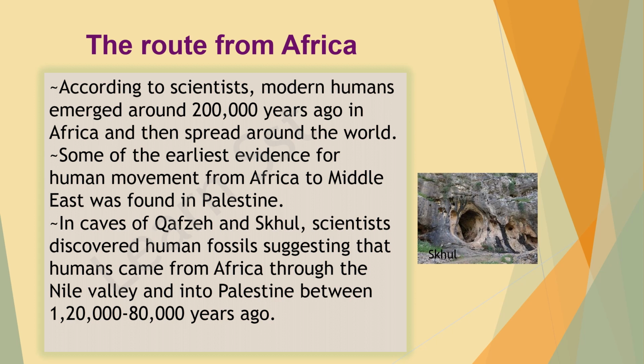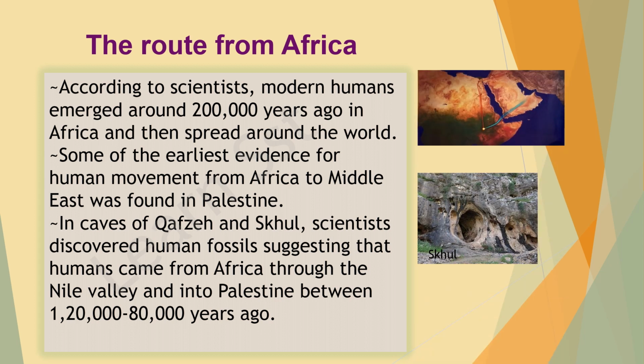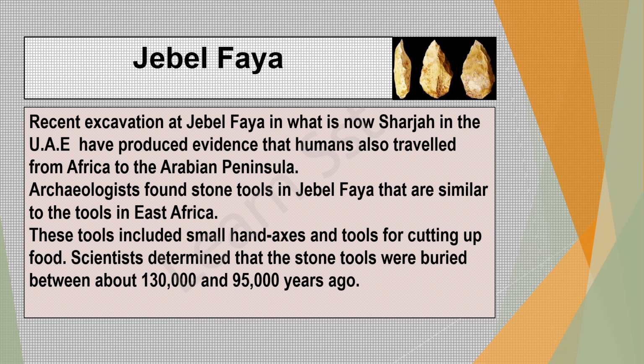So this is the belief of the scientists that the modern humans emerged 2 lakh years ago in Africa, and from Africa they spread to different parts of the world. The recent excavation at Jebel Faya in what is now Sharjah in the UAE have produced evidence.